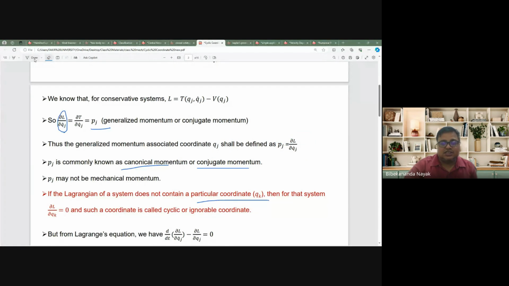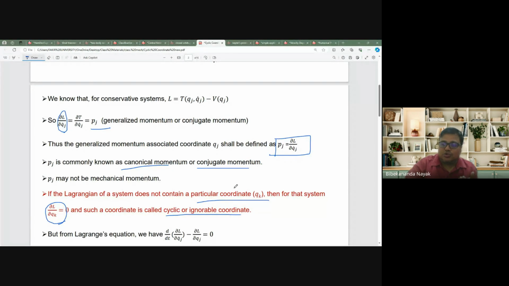If Qj is a generalized coordinate, then its corresponding momentum, calculated by this formula, is known as conjugate momentum. If a Lagrangian does not contain a coordinate Qk, then del L by del Qk is 0. And we call that coordinate Qk a cyclic or ignorable coordinate.